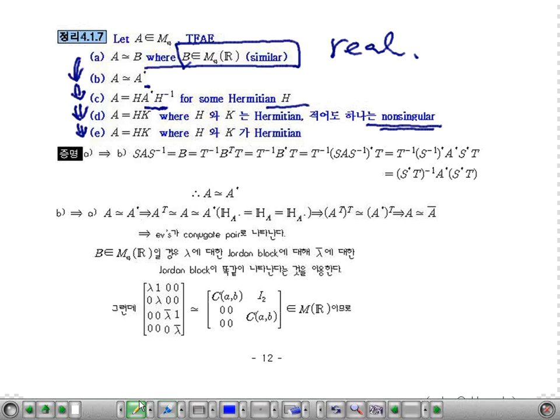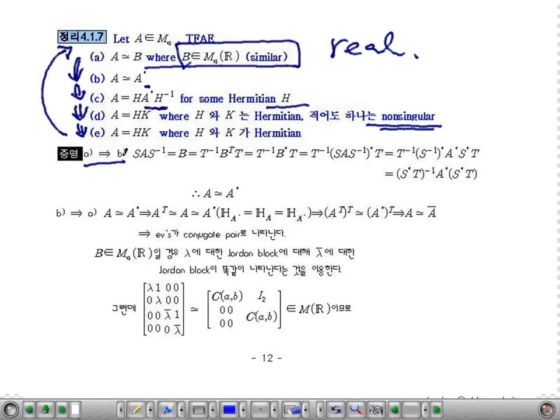I will use this proof to show this theorem. This is a good characterization of the Hermitian matrix. Okay, let's start with the first part.